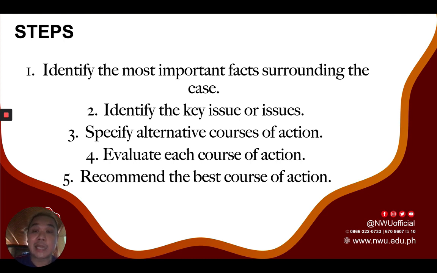Evaluate each course of action is the 4th step. And the 5th step is for you to recommend the best course of action. So let's first go to the first step, which is to identify the most important facts surrounding the case.